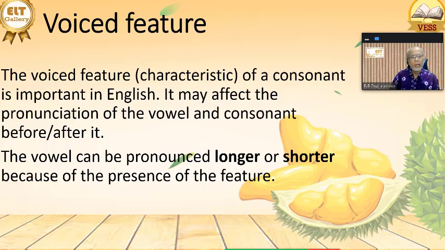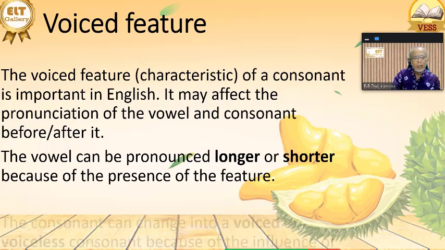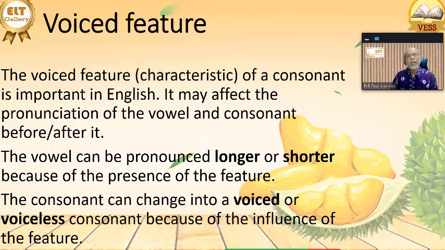So a vowel can be pronounced longer because of a voiced consonant or shorter because of a voiceless consonant. We'll see that in detail. The consonant can also change into a voiced consonant or a voiceless consonant because of the influence of this feature.